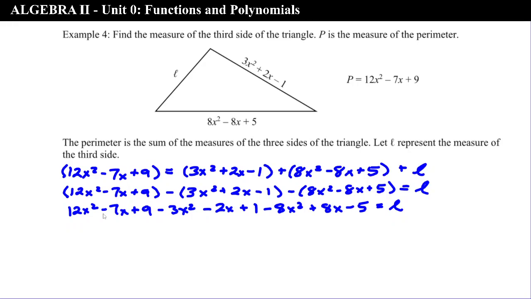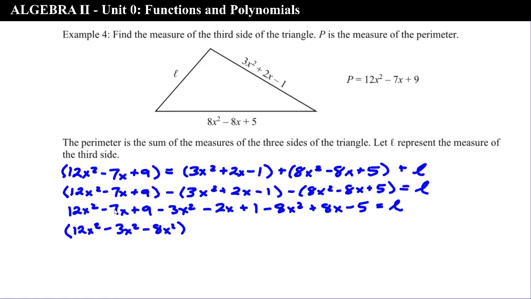So now the next thing we want to do is gather our like terms. So let's gather together our x squared terms. So we've got 12x squared, and then we also have a minus 3x squared, and we also have a minus 8x squared. Okay.